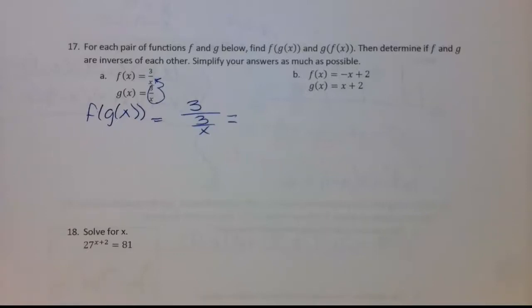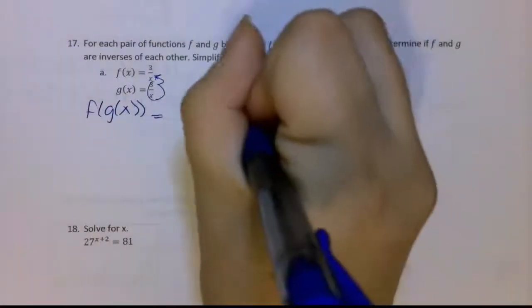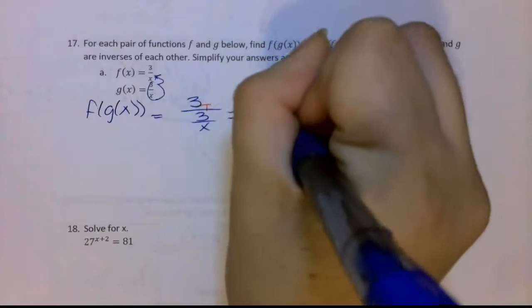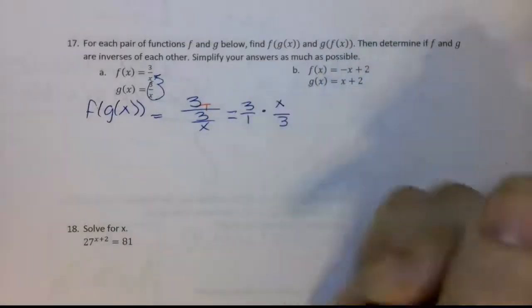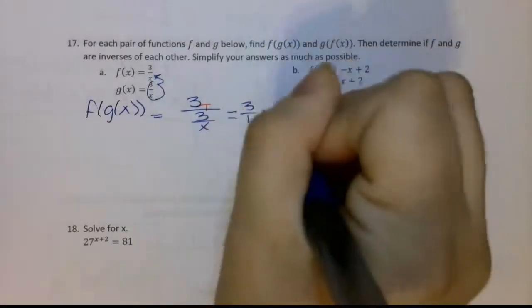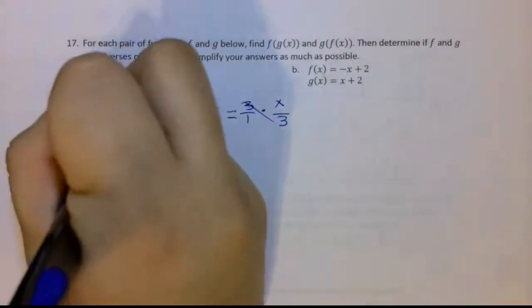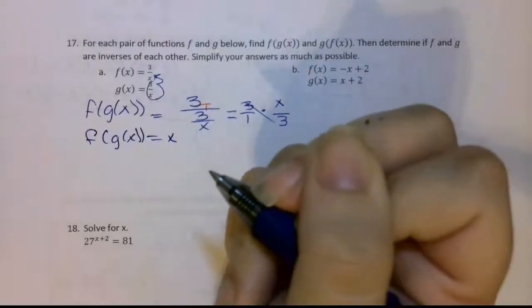So the original 3 is over a secret 1. So I can rewrite it as 3 over 1 times x over 3. My bad. Then the 3's will cancel out. So I have f of g of x equals x. That's what I want for it to be an inverse.